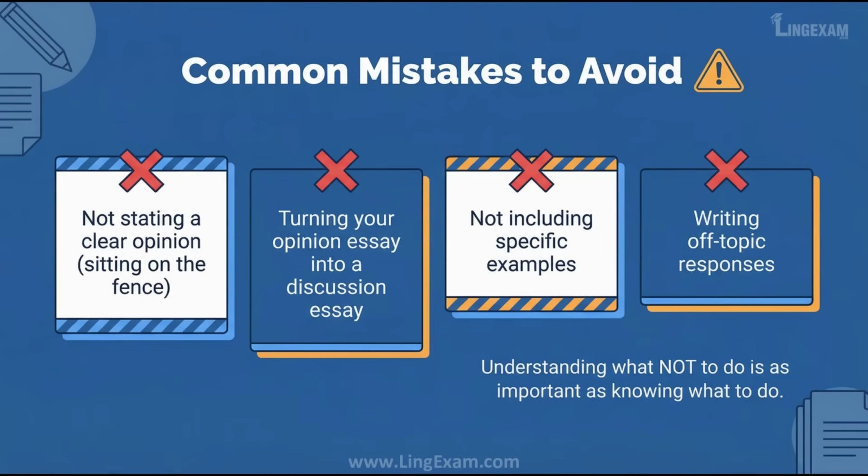Another mistake is writing an off-topic response. This happens when students don't read the question carefully and end up writing about something related but not exactly what was asked. For example, if the question asks whether governments should invest in public transport, don't write an essay about the history of transportation or about different types of vehicles. Stay focused on the specific question.